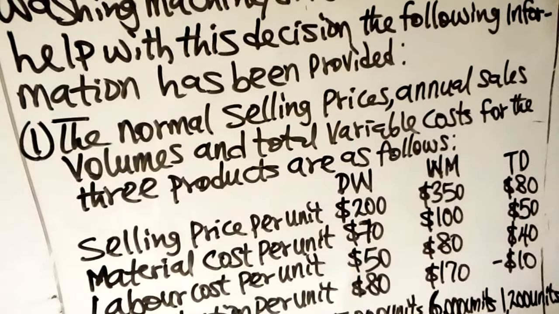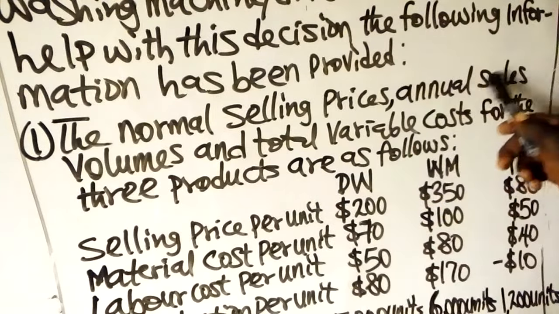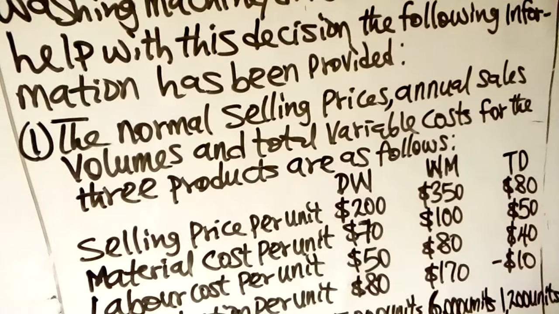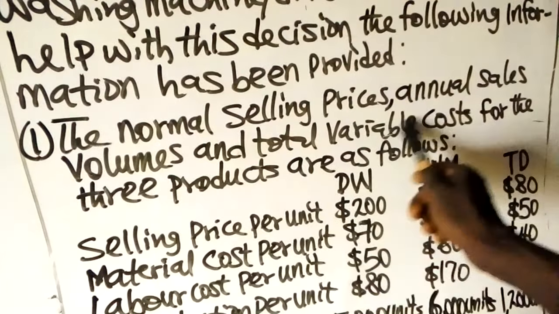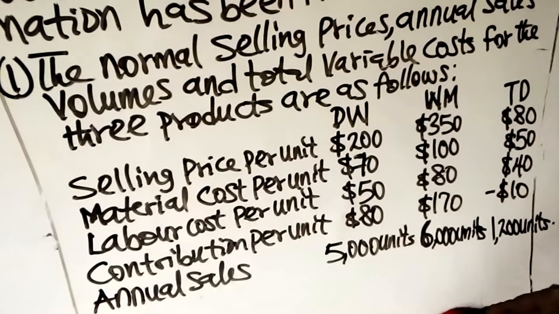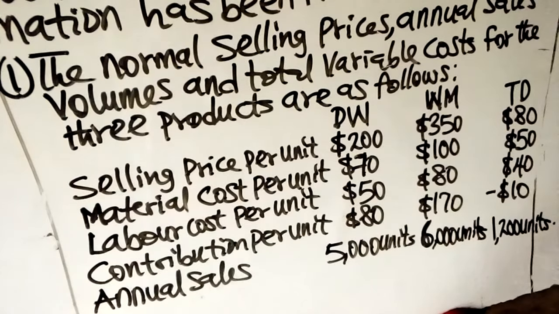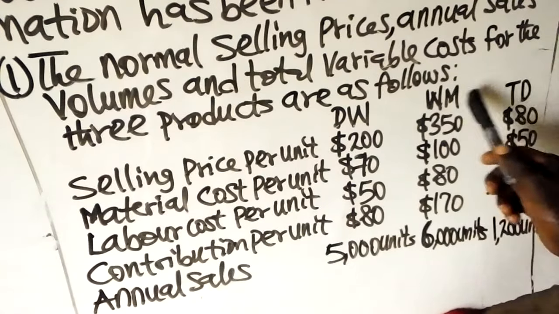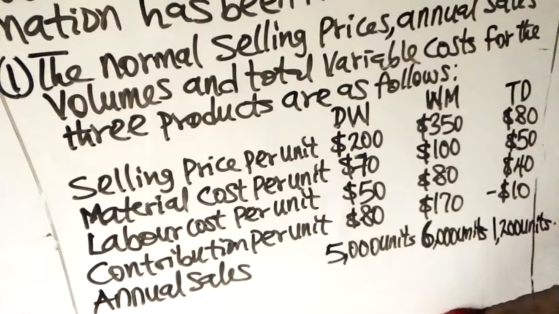1. The normal selling prices, annual sales and total variable cost for the 3 products are as follows. You are given DW, WM and TD. Selling price per unit: $200, $350, $80.